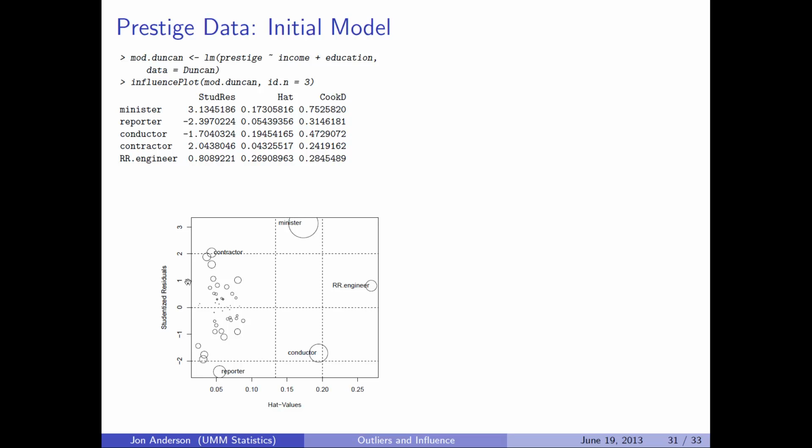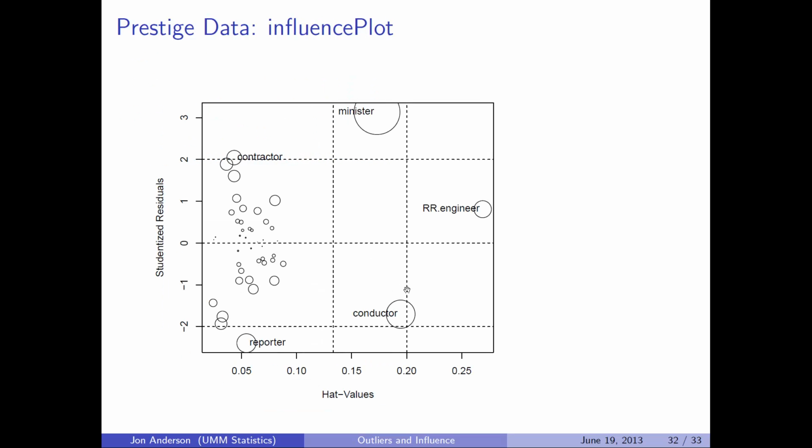And here is what the influence plot looks like. You can see from the large circles that minister is a very influential case, with a big Cook's distance in this data set. Removing minister from this data set will cause the biggest change in the estimated parameter vector. And you can see the problem for minister is primarily being driven by the large positive studentized residual.